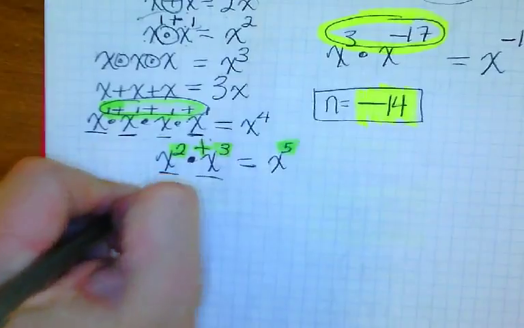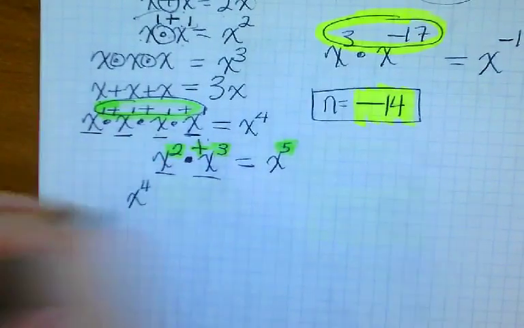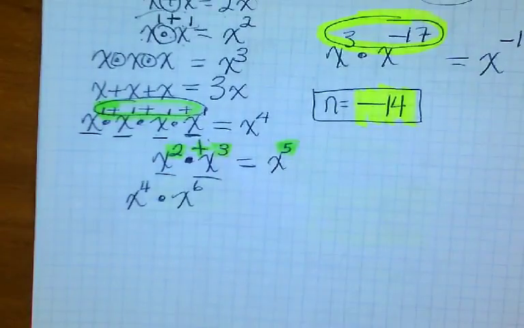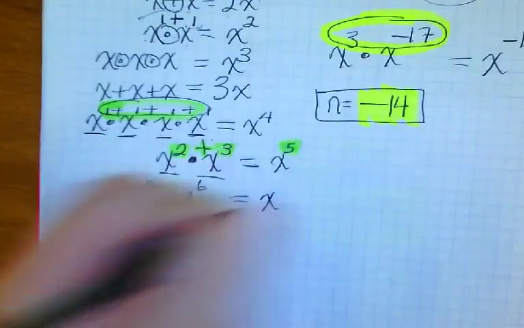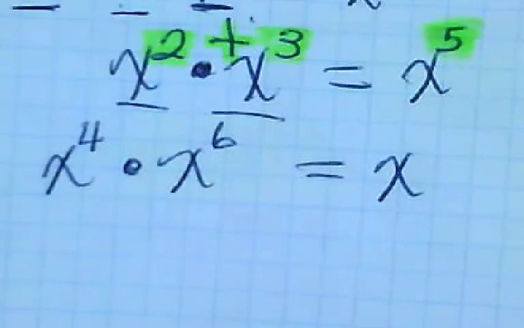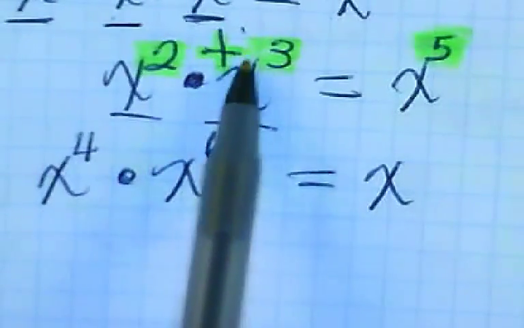Alright, so Miss Jennifer, tenemos x elevado 4 por x elevado 6. ¿Qué es la respuesta aquí? ¿Qué es eso?